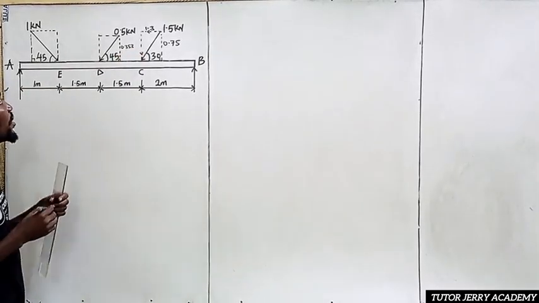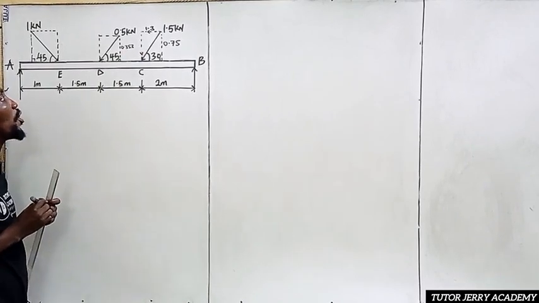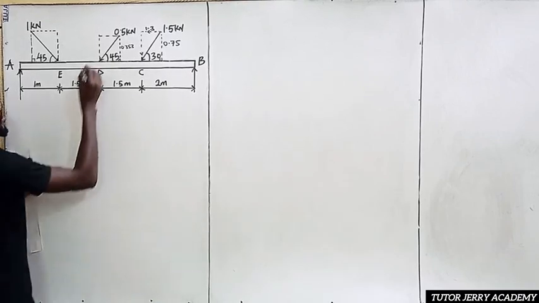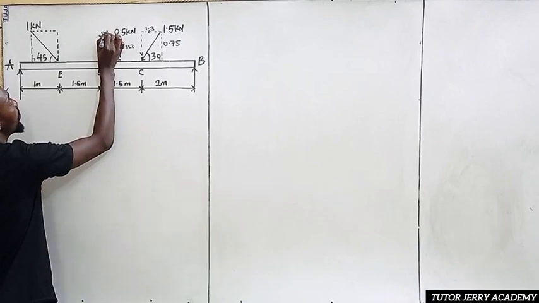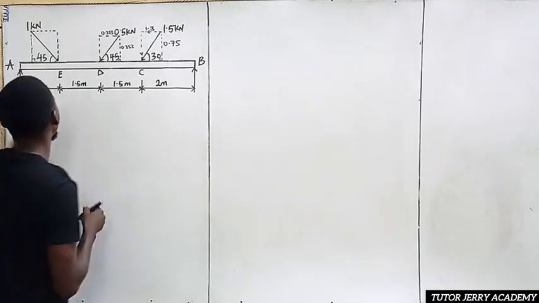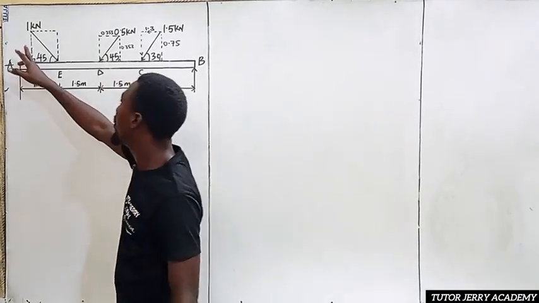For the s direction here, we are going to have 0.5 cos 45, which gives us 0.353.